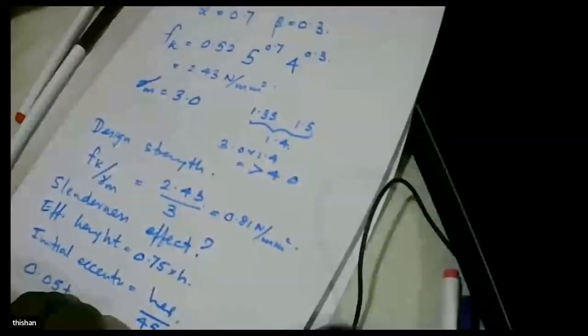So now we know the slenderness effect. We have to find the slenderness ratio. That is effective height, 0.75 times 3000, divided by 150.